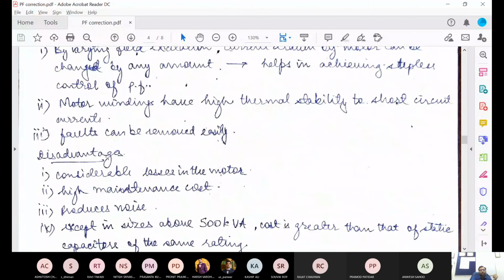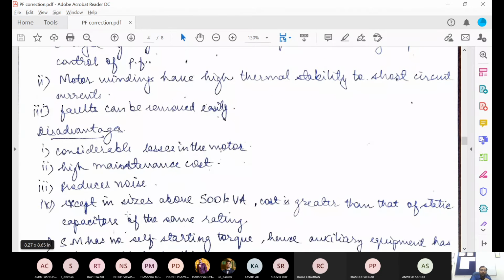The maintenance cost is high. That is one prominent disadvantage, because this will typically be a large machine, used for large installations only. A large machine having rotating parts, so maintenance will obviously be high. It produces noise as it operates. That is a secondary point.